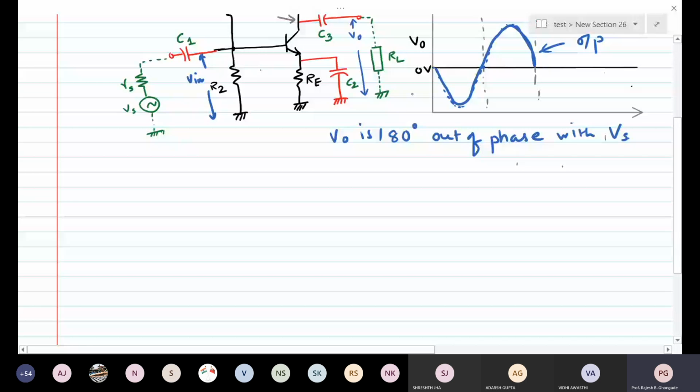Interesting things to note about this are, first of all, it uses the emitter current bias. Second point is we use bypass and coupling capacitors.